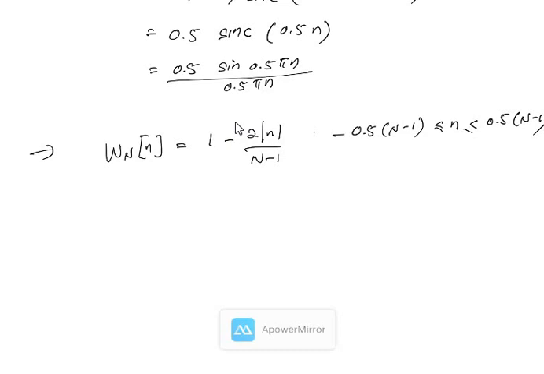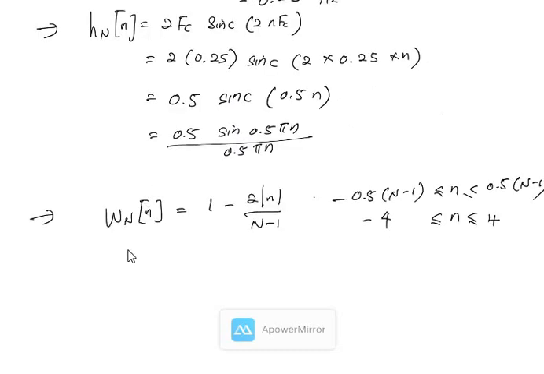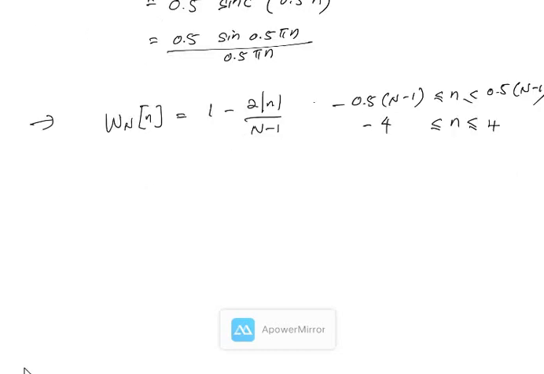So here N is equal to 9, so 9 minus 1 is 8. 8 times 0.5, so you get 4, so n goes from negative 4 to 4. And now, based on the h[n] and w[n] formulas, we can find the value of both.